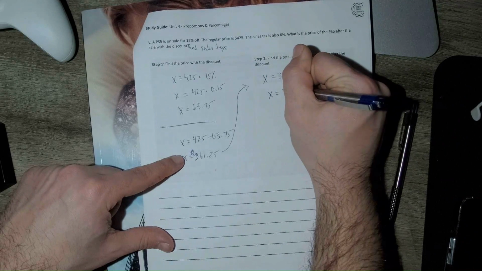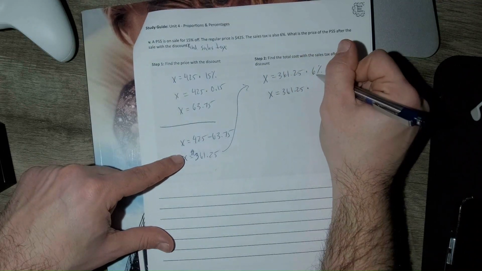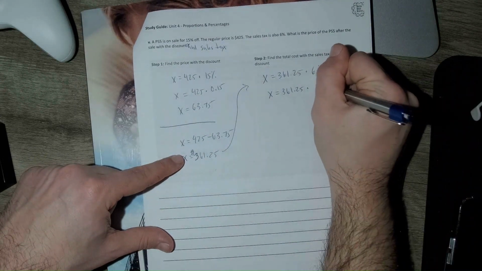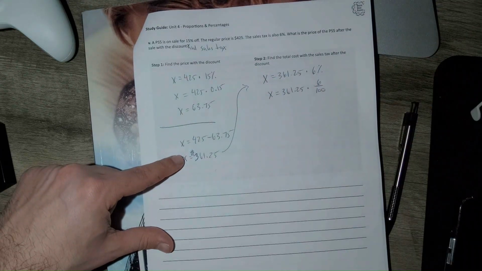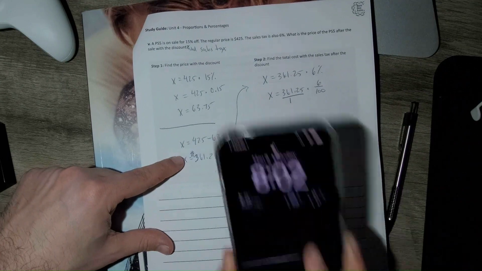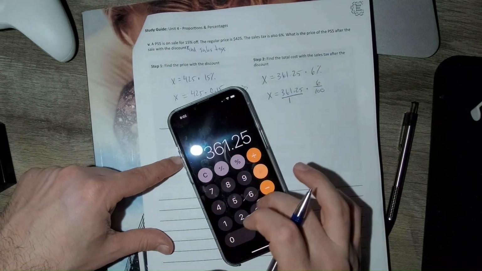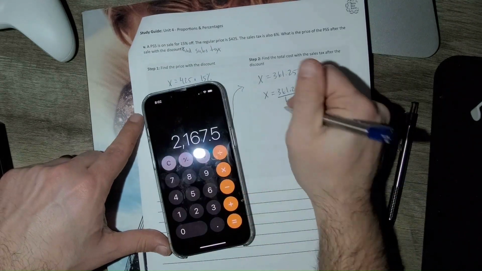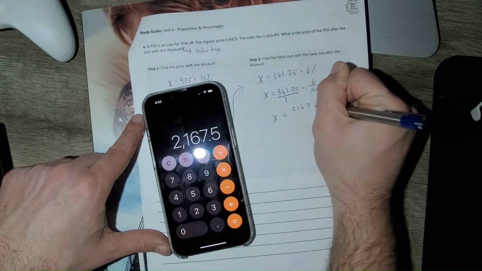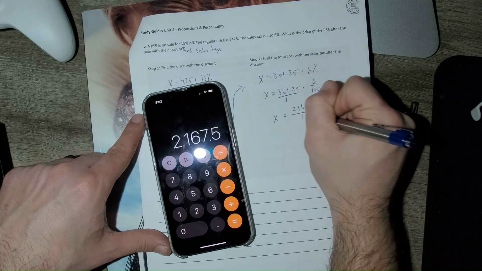So this is x is equal to $361.25 times 6%. Percent means per 100. So this becomes 6 over 100. And so now I can place our original price over 1. So $361.25 times 6 is going to give you x is equal to $2,167.50 over 1 times 100, which is 100.